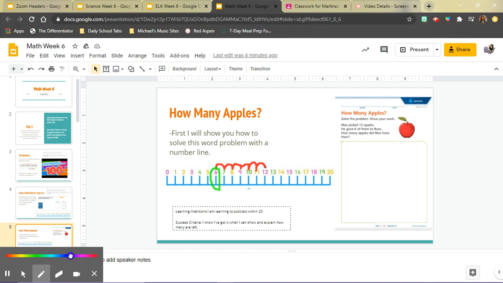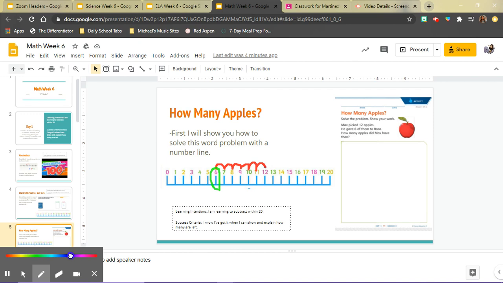Now remember, our success criteria is when you can show and explain how many are left. So if I drew my number line and show my work, that's me showing how I solved it. Now I need to make sure I write the solution over here.